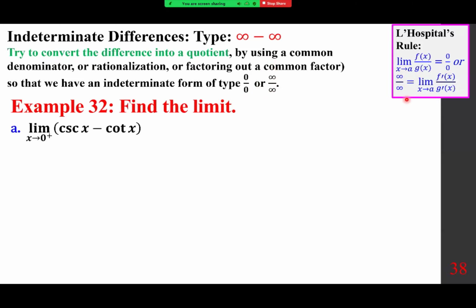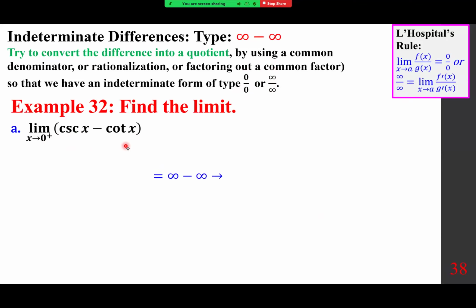For example, in this case, if I want to find the limit, if I plug in, cosecant, remember, is 1 over sine, and sine of 0 is 0 on the right side. This makes it positive infinity. Cotangent from the right, if you remember the graph, is also infinity.